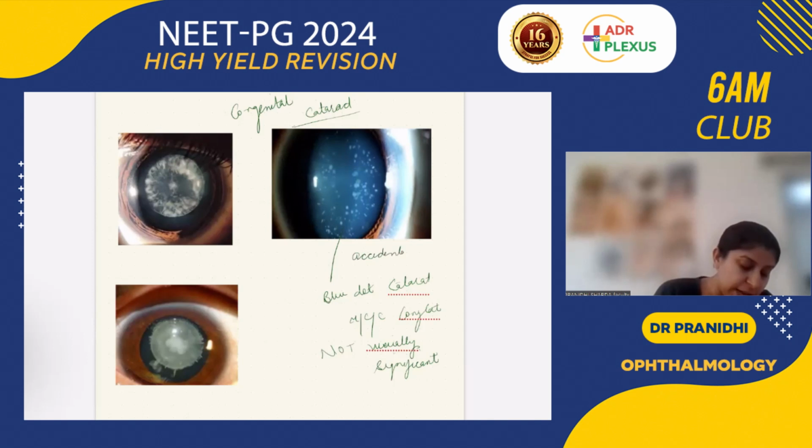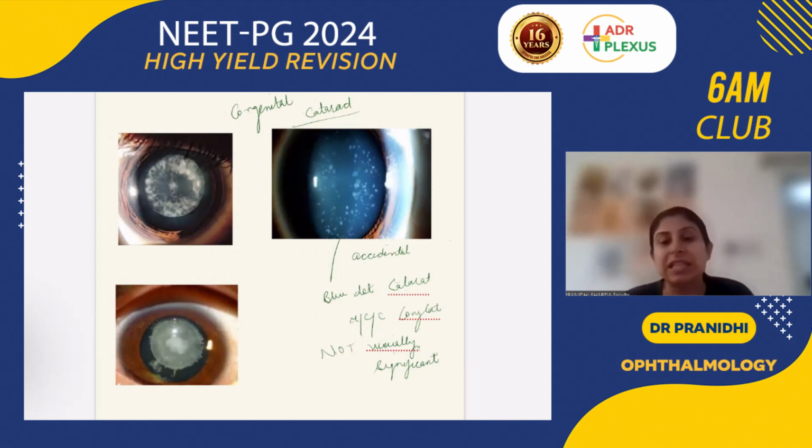The patient might have come to you for another problem, and on slit lamp you see bluish dots present throughout the lens, and this is the blue dot cataract. When you ask the patient, they say, I don't have any problem in my vision, I have come for my dryness or my sty, because it is not visually significant.